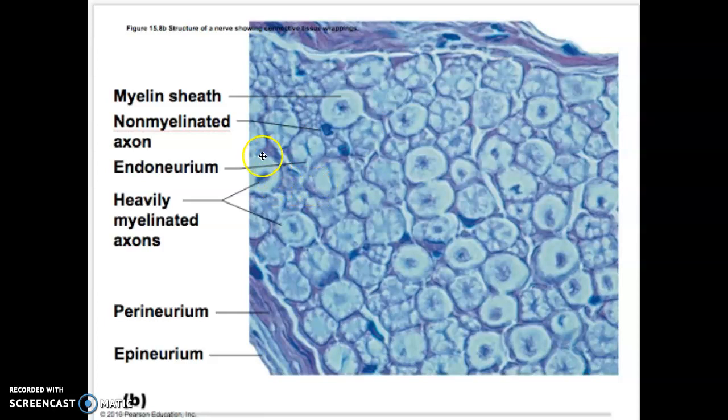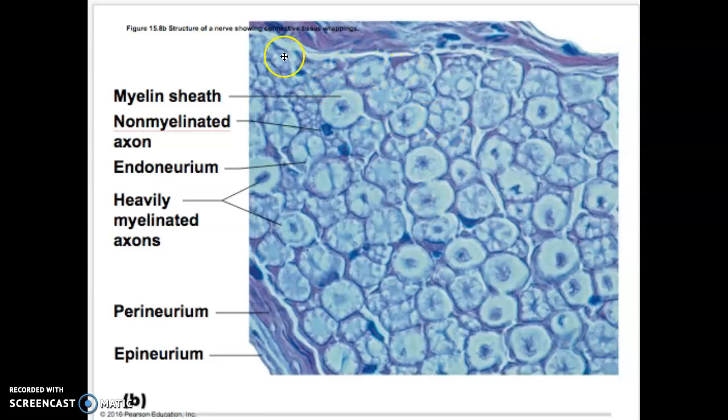Okay, some axons are more myelinated than others, and some aren't myelinated at all. So right here, there's an unmyelinated axon, and these are very well myelinated axons. And these are middle of the road myelinated axons.